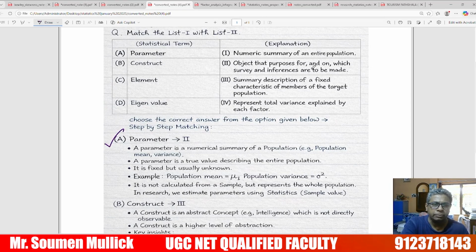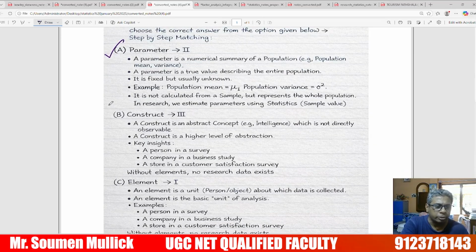The objective is the purpose for and on which survey inferences are to be made. Second point, B, construct. A construct is an abstract concept. This is very important, as in the case of intelligence, which is not directly observed. A construct is a higher level of abstraction.